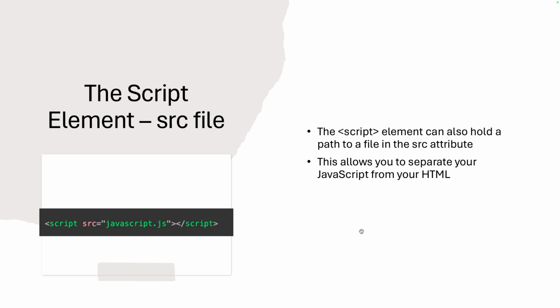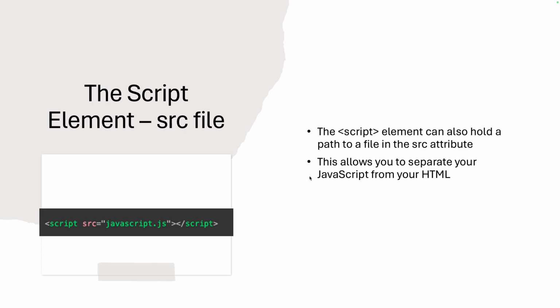So we can also add in our script element, rather than just putting code in here, we can set the source attribute to a JavaScript file. This allows you to separate your JavaScript from your HTML. That's almost like separating your style, your CSS, from your HTML as well.